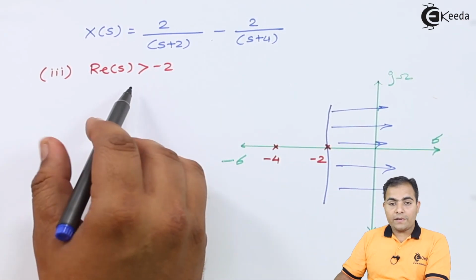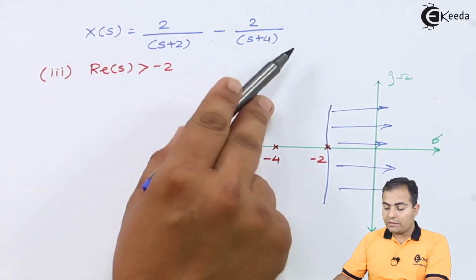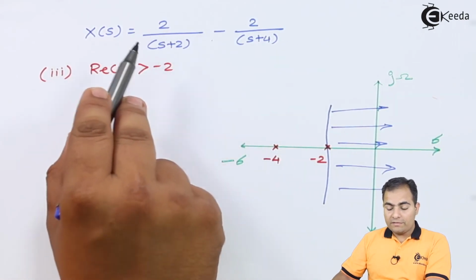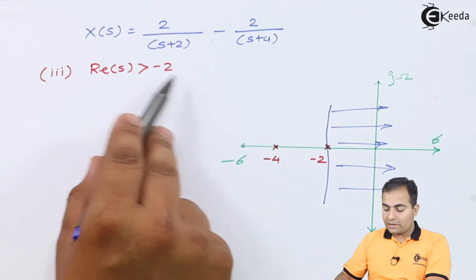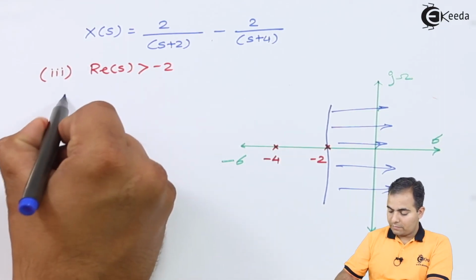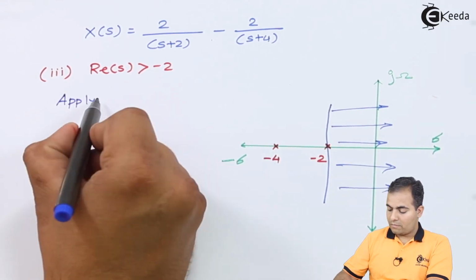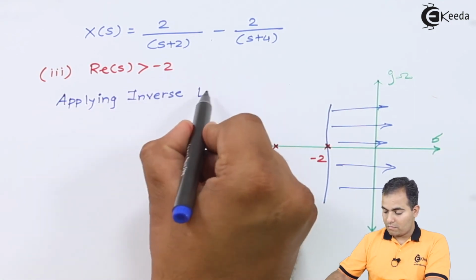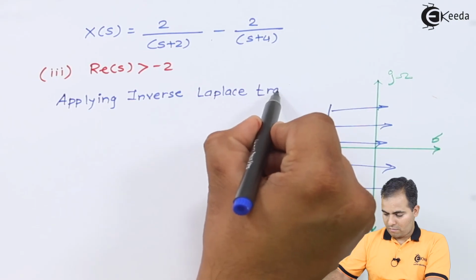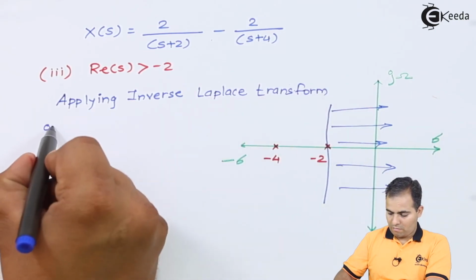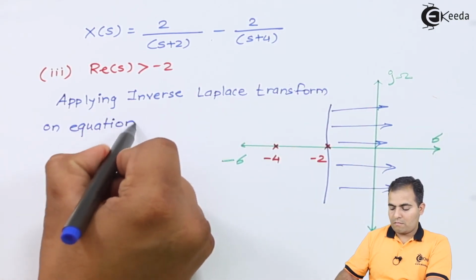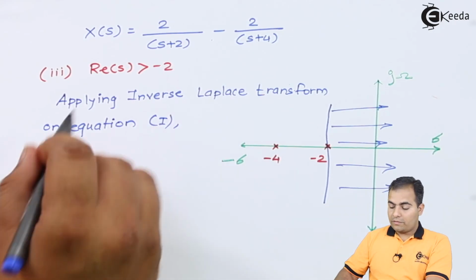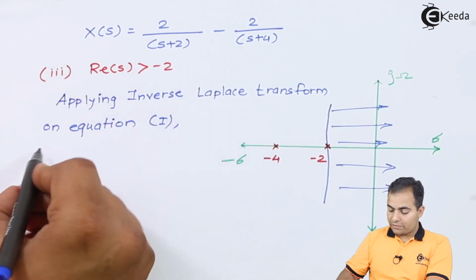I'll apply the inverse Laplace transform on equation number 1. This was our equation number 1, but the inverse Laplace transform is completely based on this ROC. Now the inverse Laplace transform of X(s) is x(t).